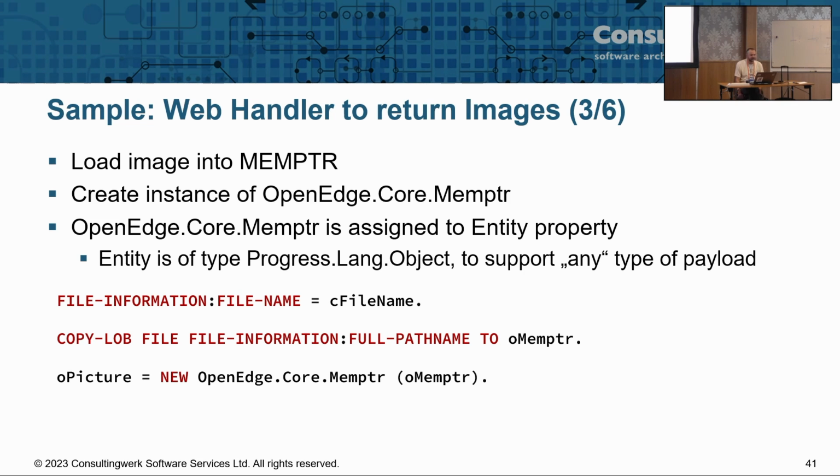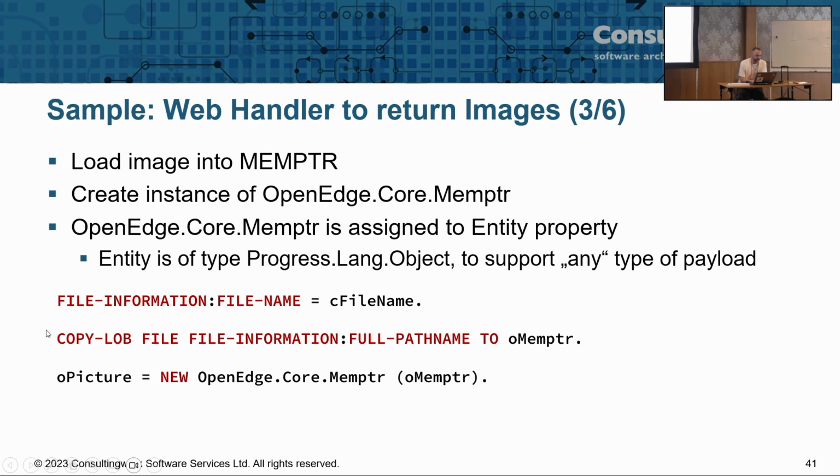I think since OpenEdge 12.8 they have enhanced the language to also be able to use index on a mem pointer to faster search inside a mem pointer. That was not possible before, so we really had to read the mem pointer character for character to see if there was something we could use. So this has become a bit faster.